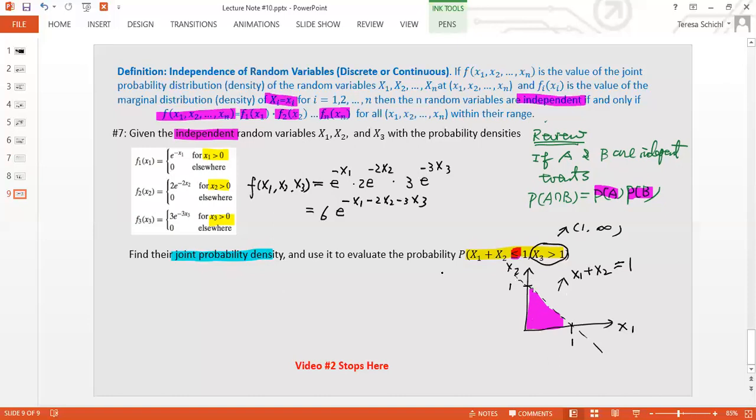Okay, so I'm going to integrate here, right? So my probability here, let's see, this is x1 plus x2 less than or equal to 1. This is x3 greater than 1. Okay, so how am I going to integrate? Because I have 3 variables, I'm going to have 3 integrations here.